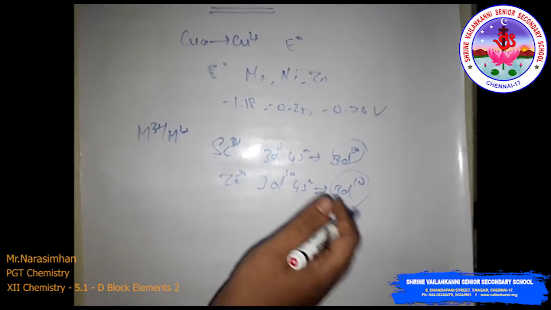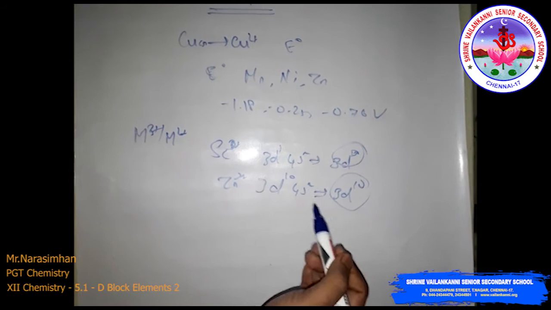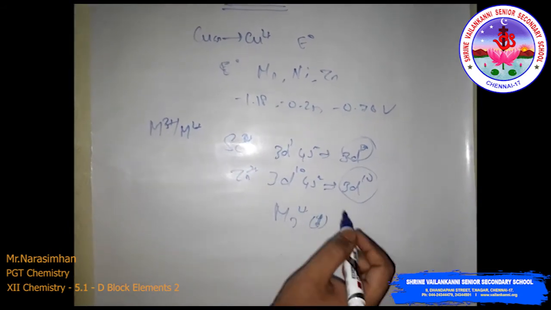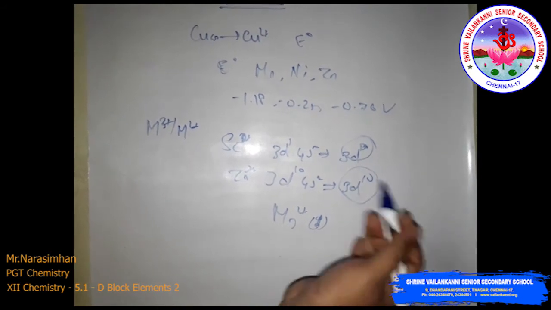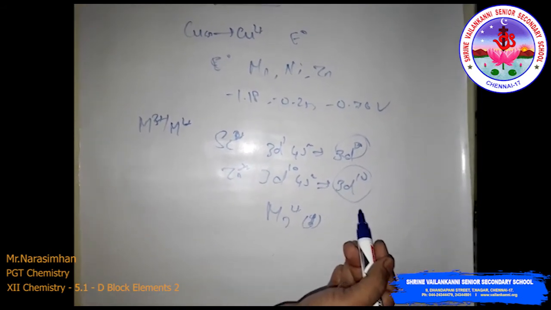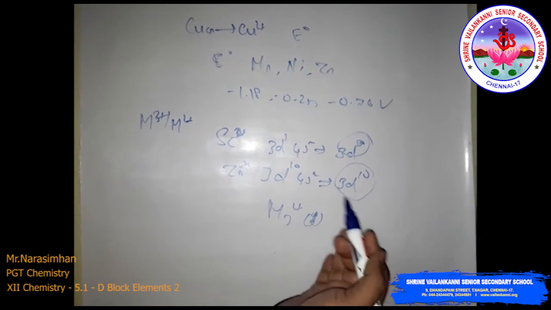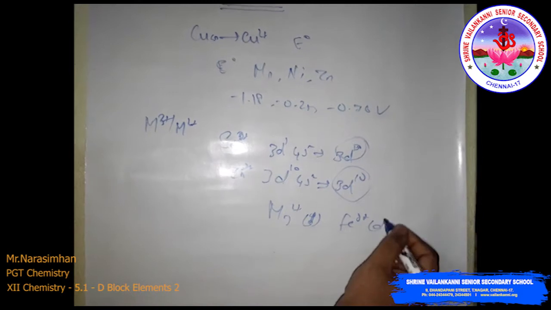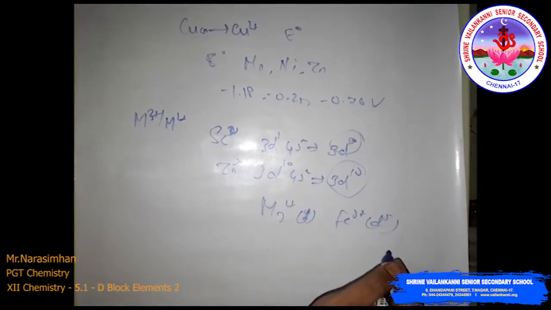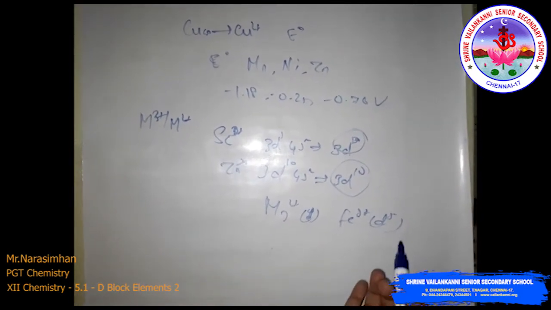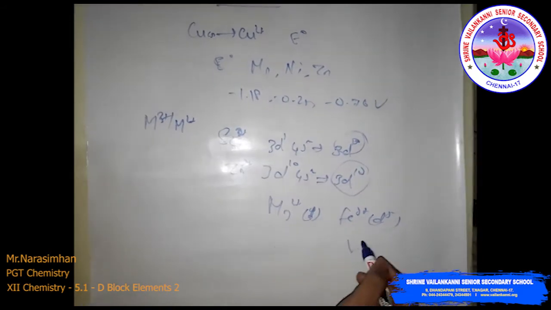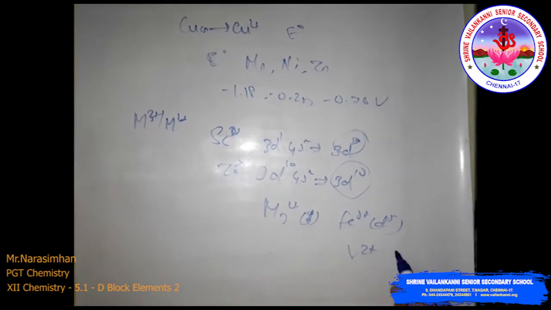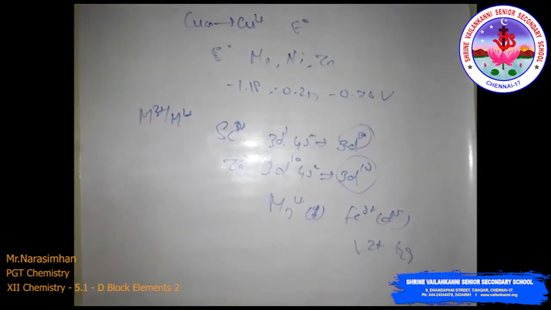The comparatively high value for Mn is because Mn2+ in d5 configuration is particularly stable, whereas the comparatively low value for iron reflects the extra stability of the Fe3+ ion. Fe3+ shows d5, so half filled. The comparatively low value for vanadium is related to the stability of V2+, which is also half filled. That we already discussed: it is in the t2g level, triply degenerate.